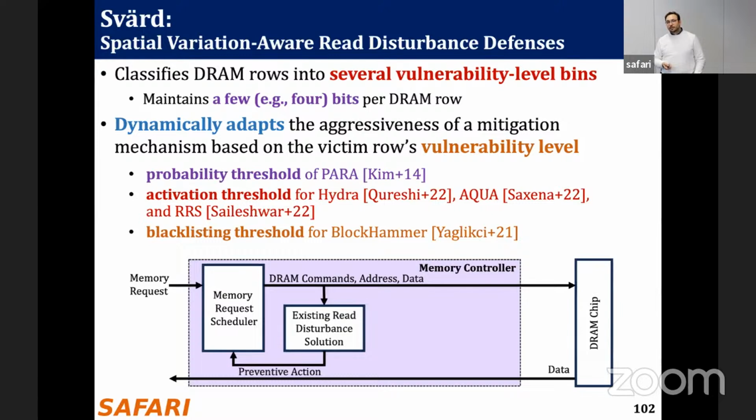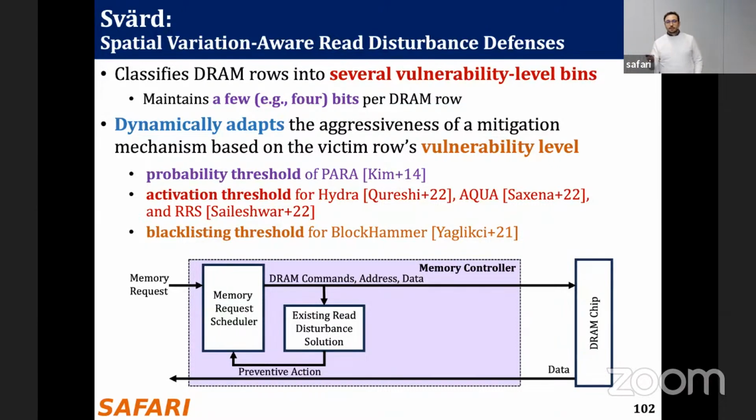And once you implement a RowHammer defense mechanism in the memory controller, you can abstract it in this way. It observes the DRAM commands and addresses. And based on those observations, it creates some preventive actions and injects those preventive actions to a memory request scheduler. In BlockHammer's case, for example, it forces the memory request scheduler to not activate a row.